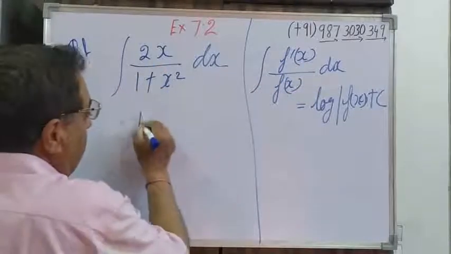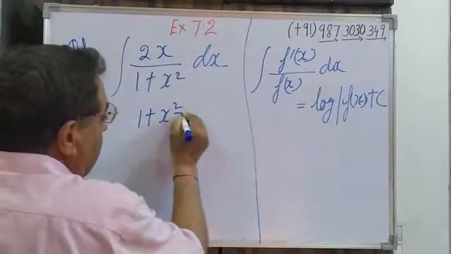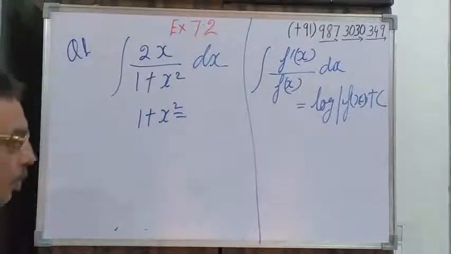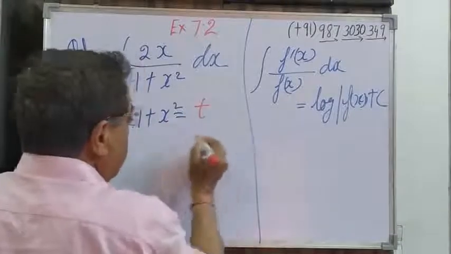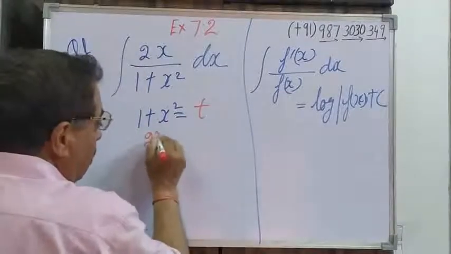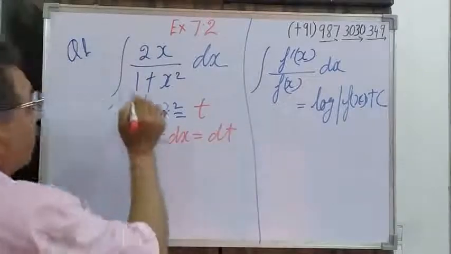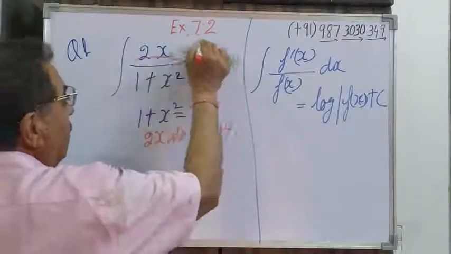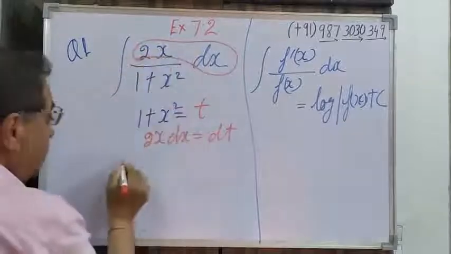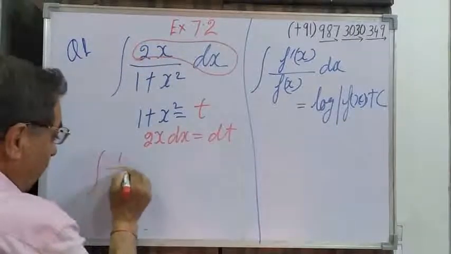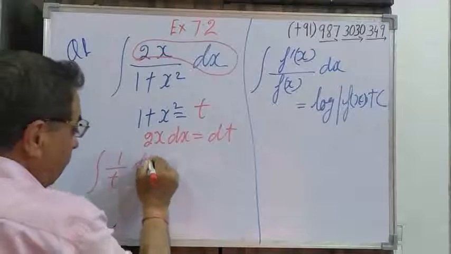So let us take 1 plus x square equal to t. Now we get 2x dx equal to dt. So this 2x dx is replaced by dt, and the function becomes 1 upon t into dt.